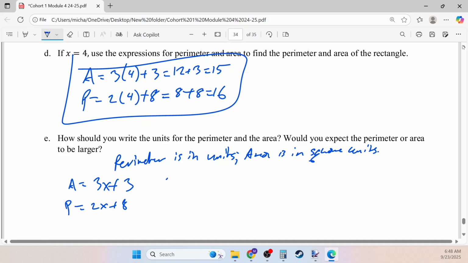I would say that for most of the rectangles, the area will be bigger, because the area is on the order of 3x instead of 2x, for most rectangles in this situation.